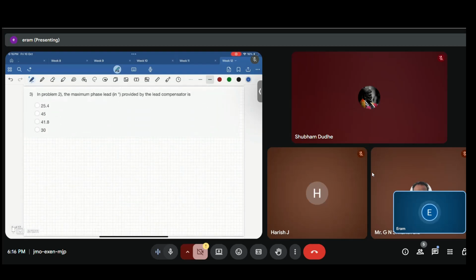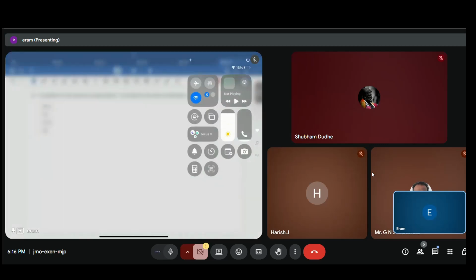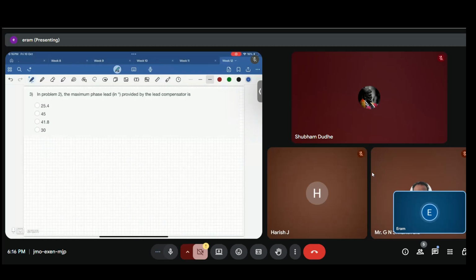So for this problem, what will be the maximum phase lead? What will be the maximum phase lead of the lead compensator? We have the pole zero location. From there, calculate the maximum phase lead.